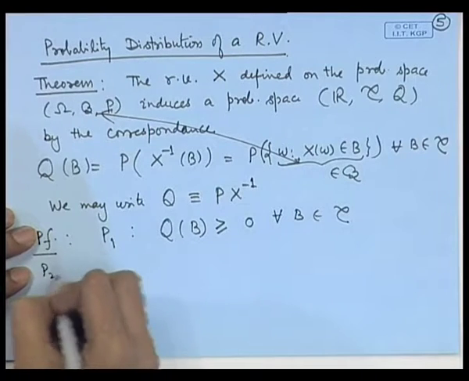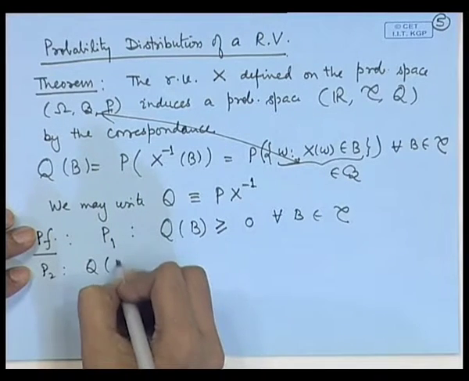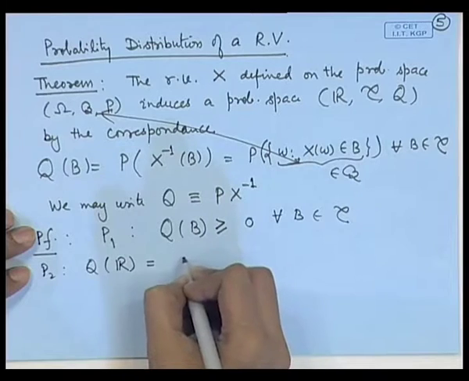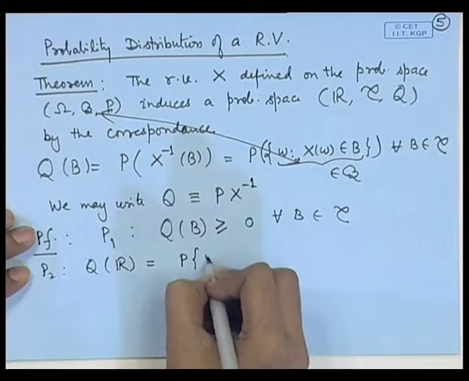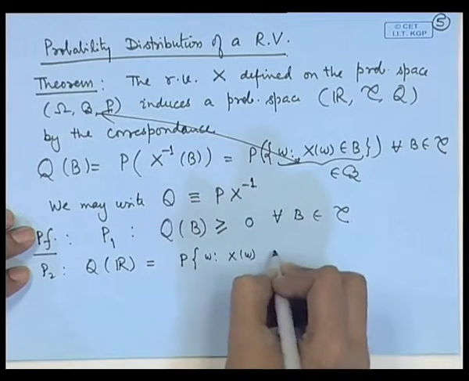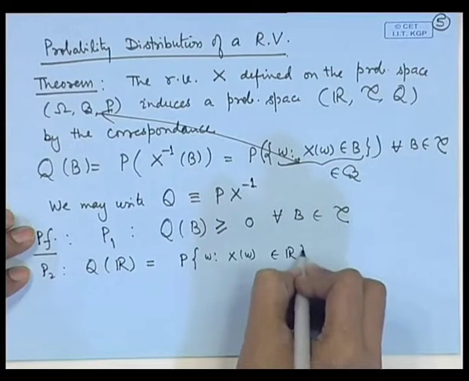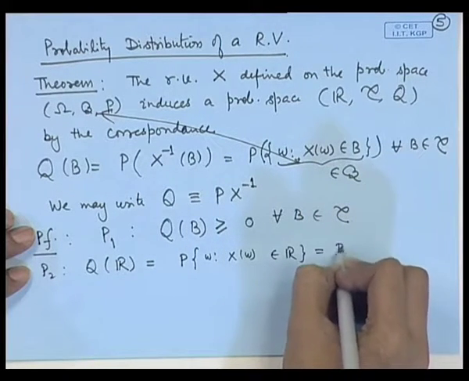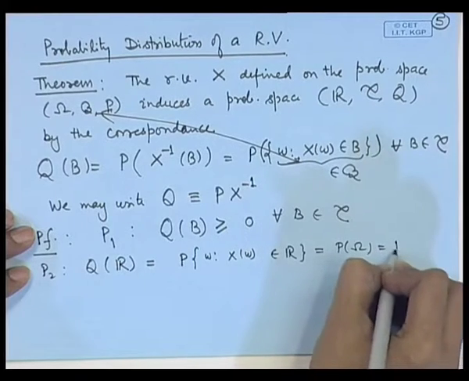If I consider Q of R, then it is equal to the probability of the random variable taking values in R. Naturally, it is probability of Ω, and that is equal to 1.